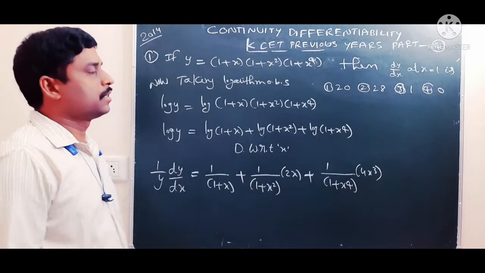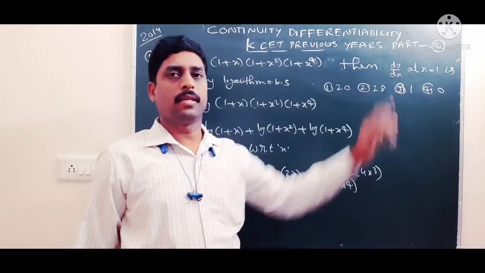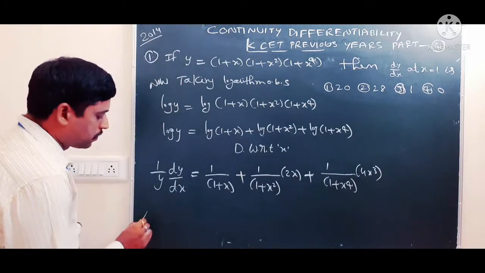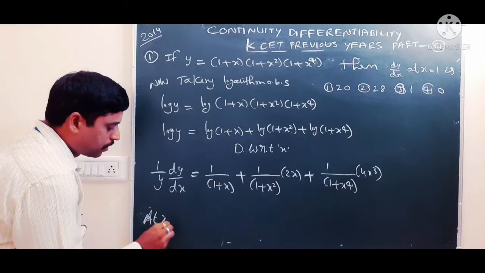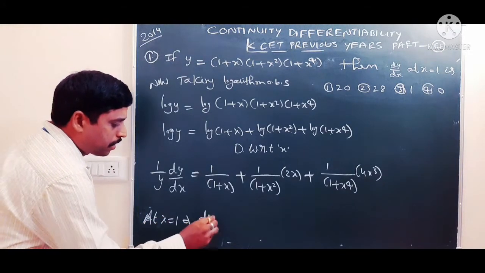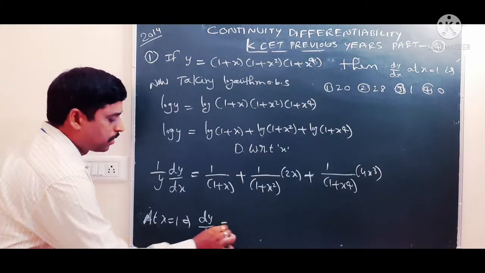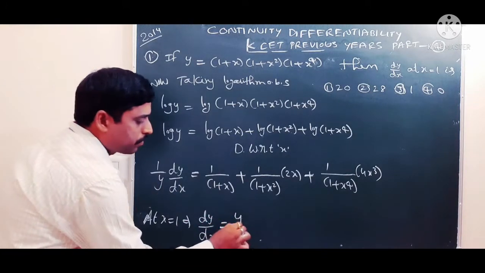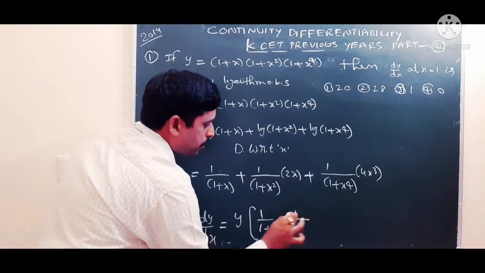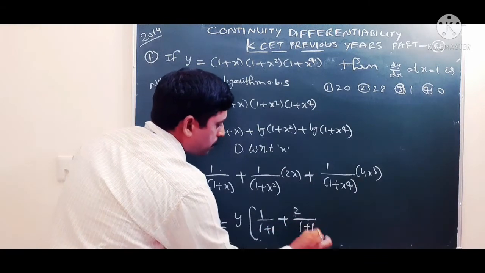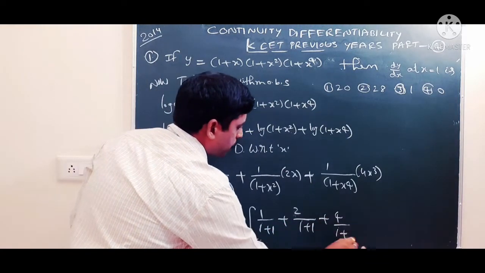But our target is dy by dx at x is equal to 1. So at x is equal to 1, dy by dx is equal to, by cross product, y times of this value: 1 by 1 plus 1, 2 by 1 plus 1, and 4 by 1 plus 1.